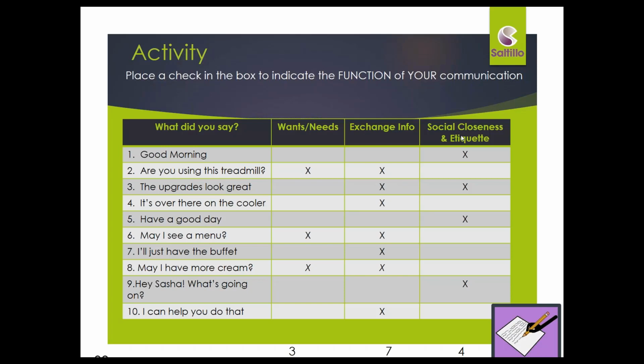Did anybody have the most in wants or needs and want to reach out in the chat window? I don't know about you, but I had the most in exchanging information, and a close second was social closeness and etiquette. All right. And as you can see, that's what happened here too on our example on the homepage.